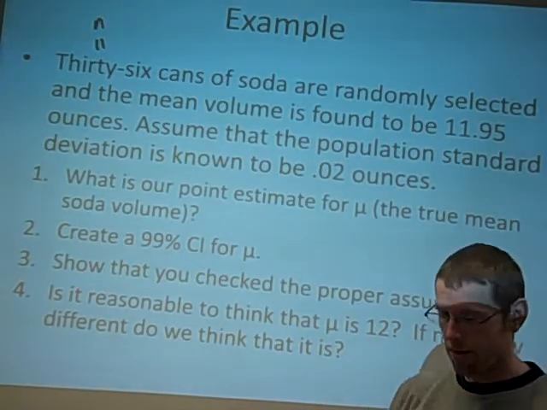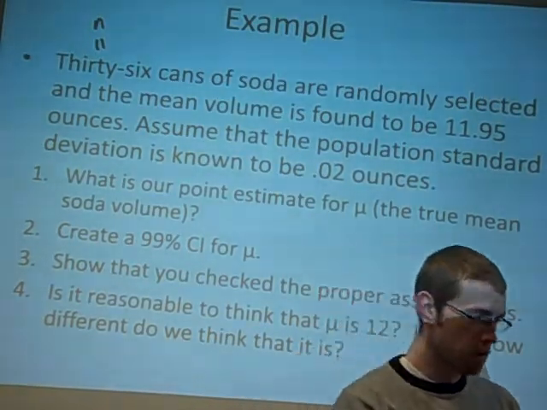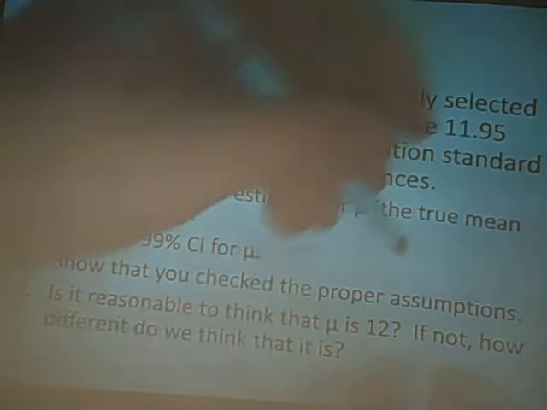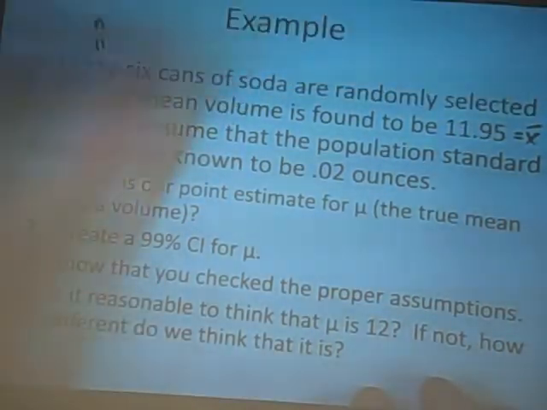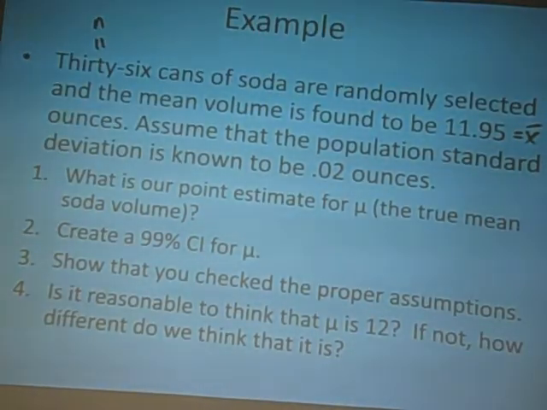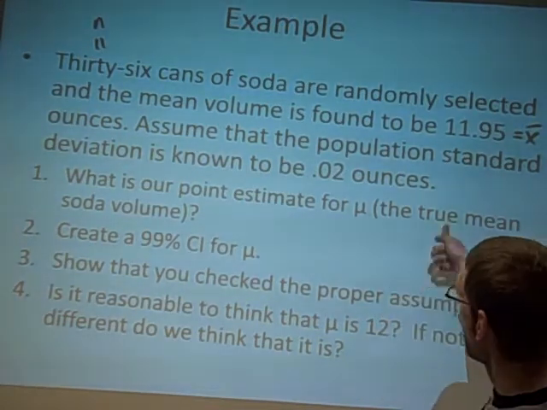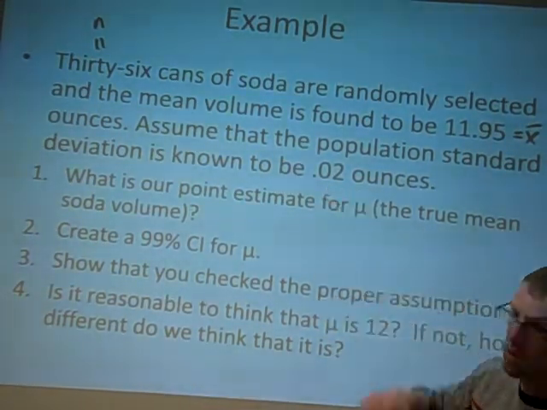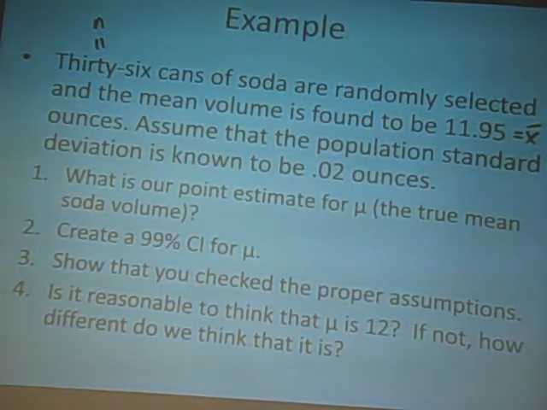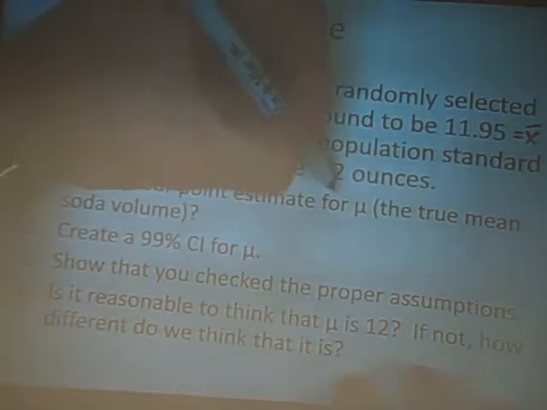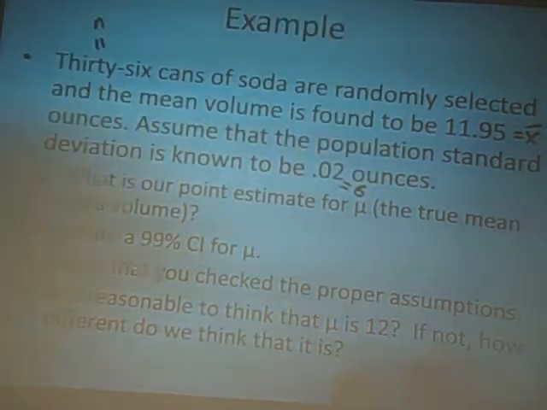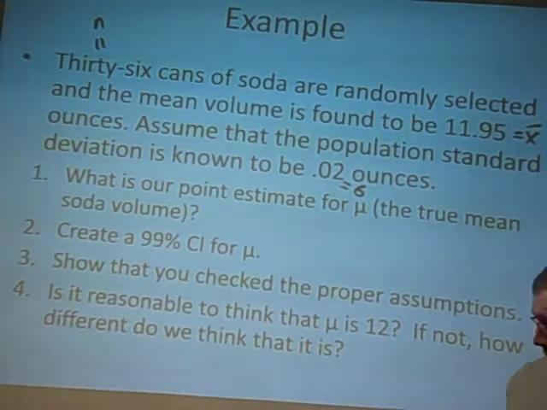So that means the 11.95 must be what? X bar. And then it says assume the population standard deviation is known to be 0.02 ounces. So the 0.02 is sigma. Everybody okay with what we've got up here?